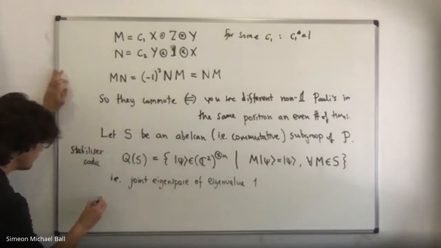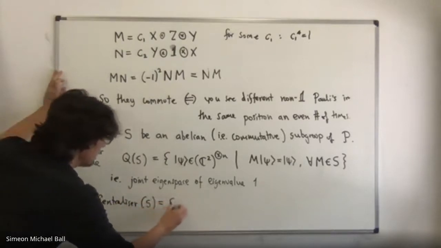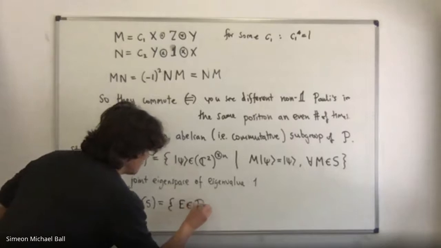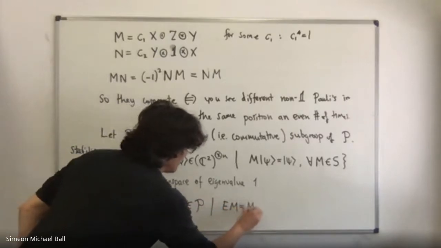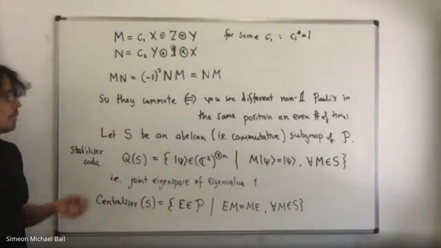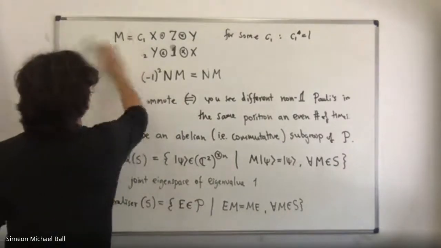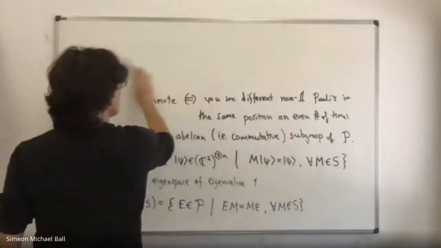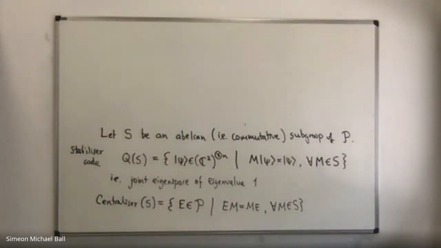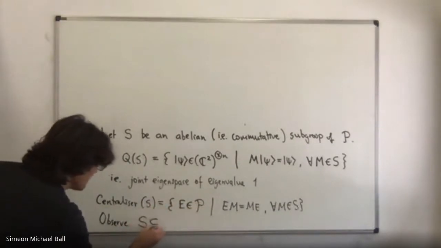They are going to be in the centralizer. So let's define that. The centralizer of S is going to be the set of operators E in P such that E N equals N E for all N in S. So they're the operators in P which commute with all the operators in S. Of course, since S is abelian, S is contained in the centralizer.